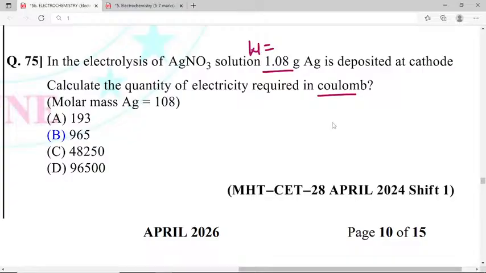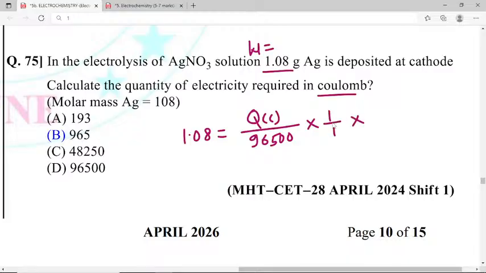So how much coulombs do we have to calculate here? W is 108, equal to coulombs, which we have to calculate, divided by 96500, multiplied by silver mole ratio 1/1, multiplied by molar mass 108.